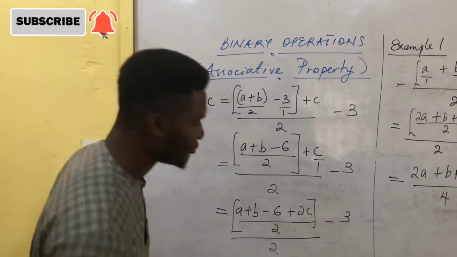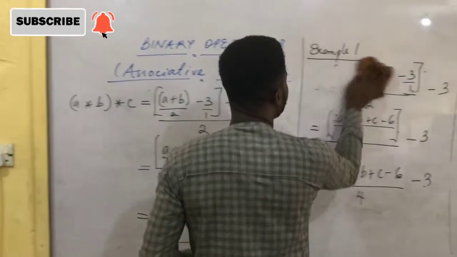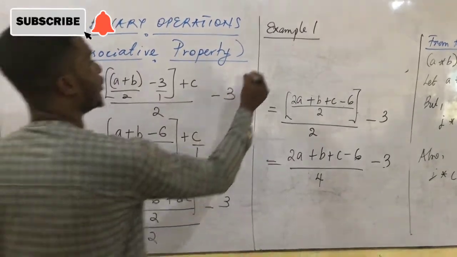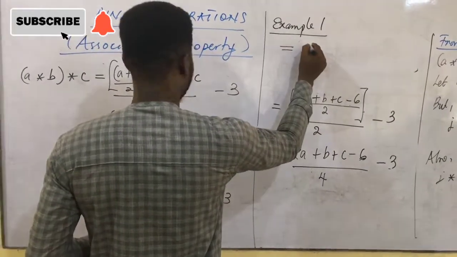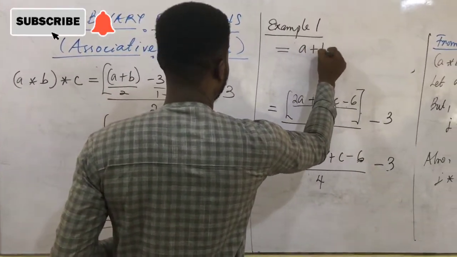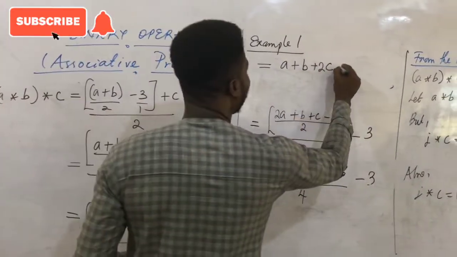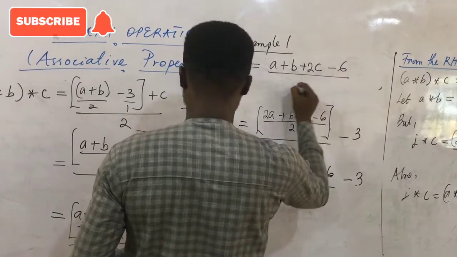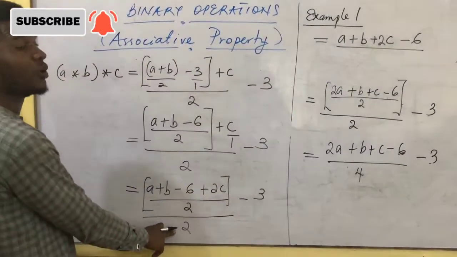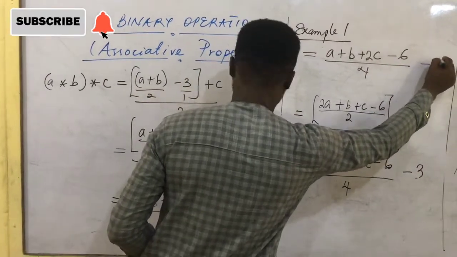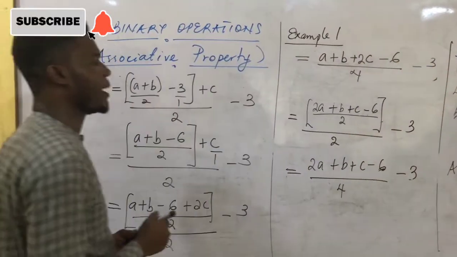Now finally, if you simplify further, still on this, you are going to end up having the result to be A plus B. I'm bringing my 2C here, plus 2C minus 6 all over. This 2 comes down to multiply this 2 to give you 4 minus 3. Now let's compare the results.